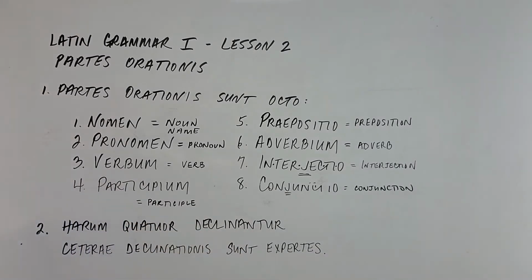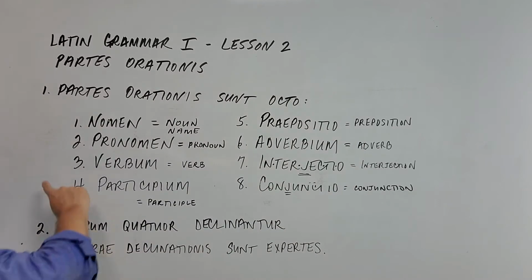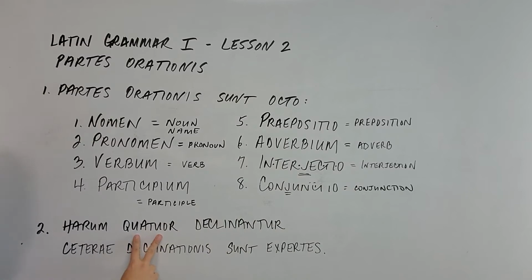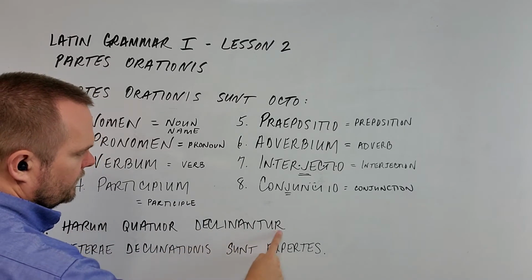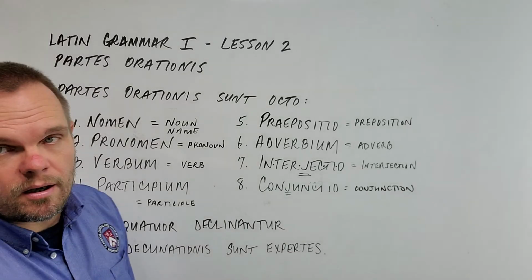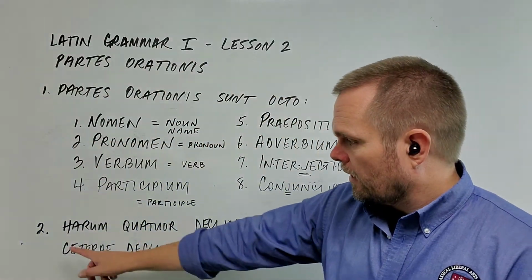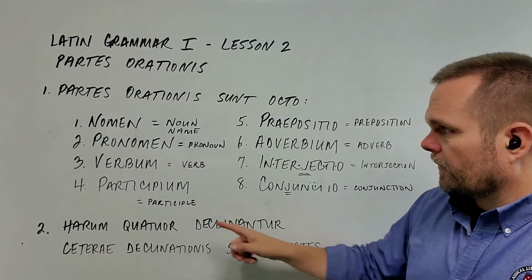And what that means is of these, harum means of these 8 parts of speech, quatuor, 4, these 4, the first 4, declinantur. That means they are declined. Of these, 4 are declined.